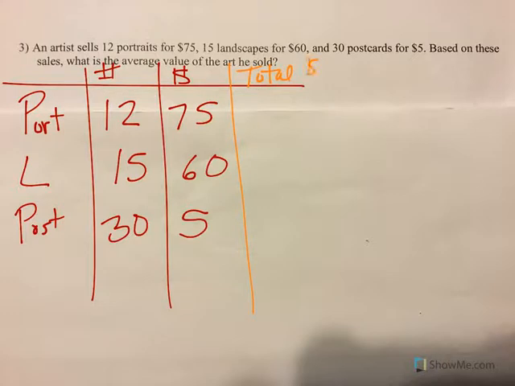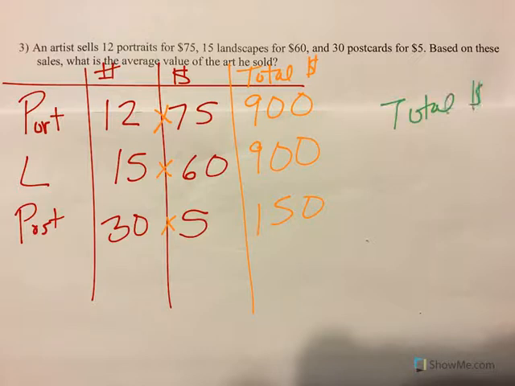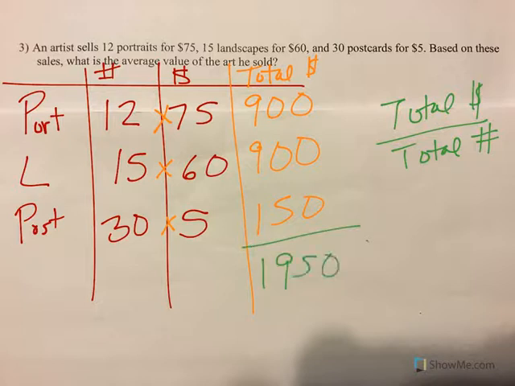So here's my total money. If I sold 12 portraits at $75 a piece, I earned $900 there. 15 landscapes at $60 a piece, that's $900 there. And 30 postcards at $5 is $150. So now we are looking at total money divided by the total number of items I sold. So total money, $1950.